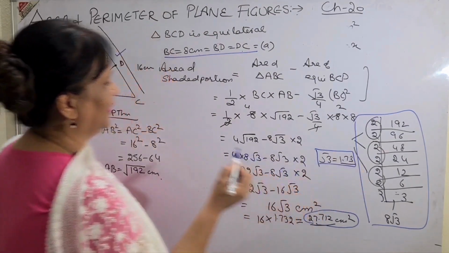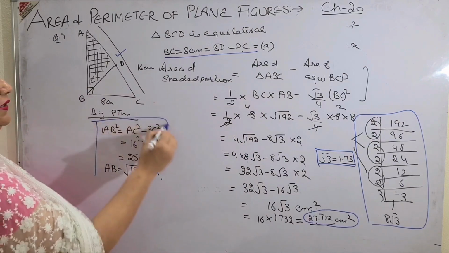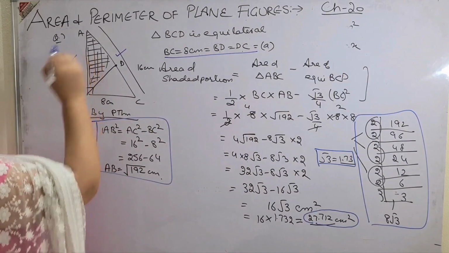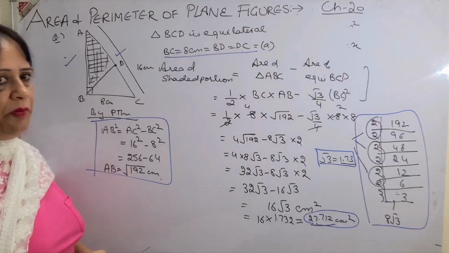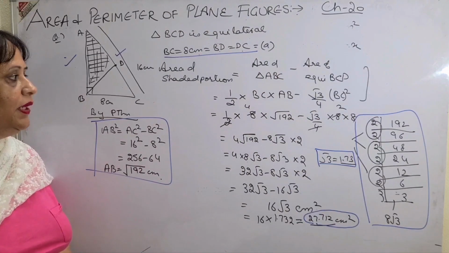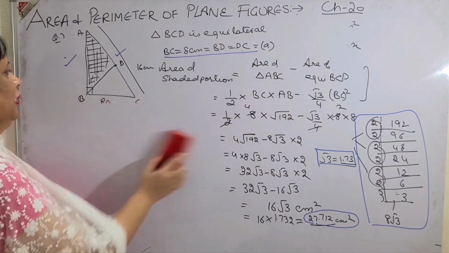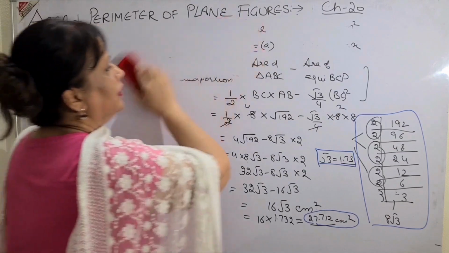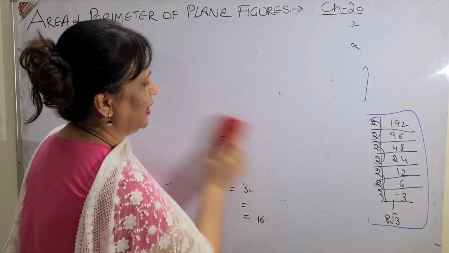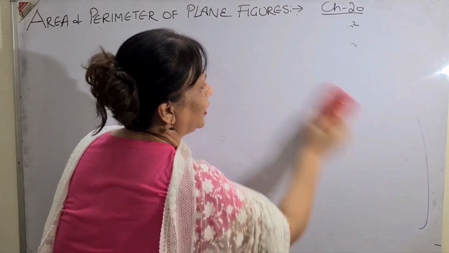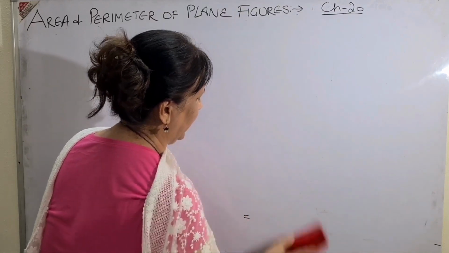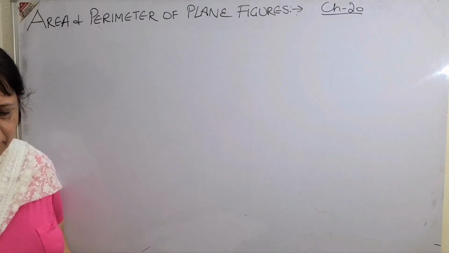I am highlighting the things which you should know very nicely, and of course the figure. This is again one of the very important sums of the question paper, and it clears the concept of the lesson. Please don't cram, try to understand and then put the formulas.